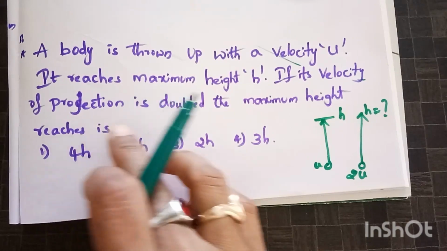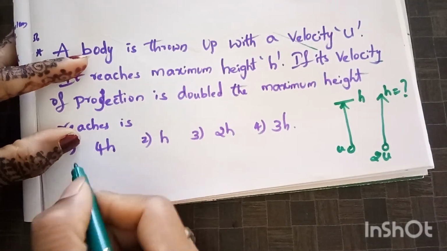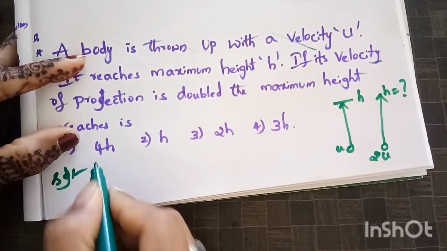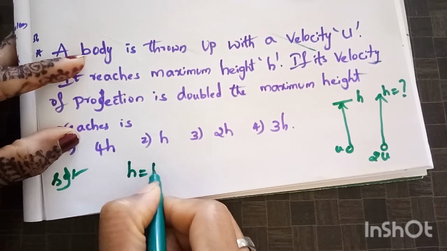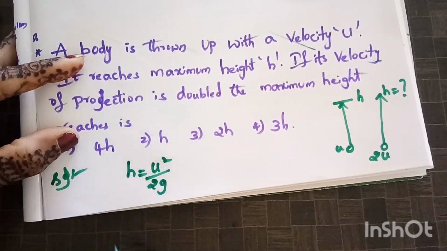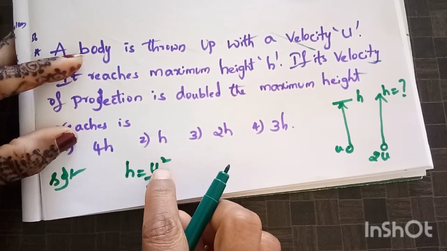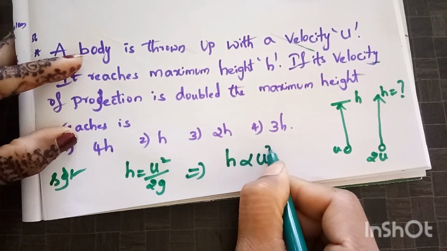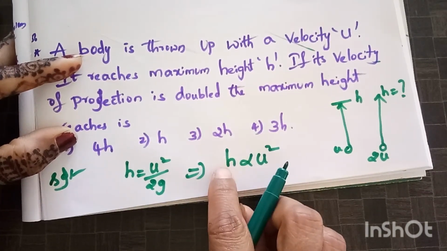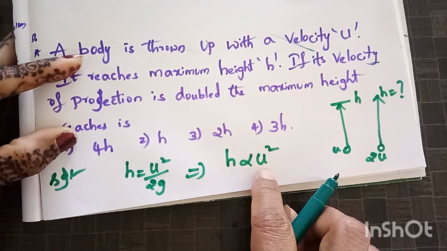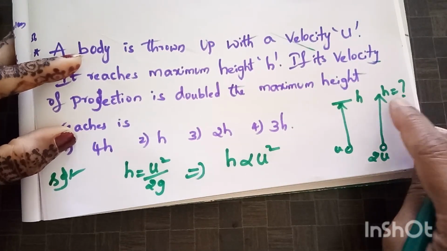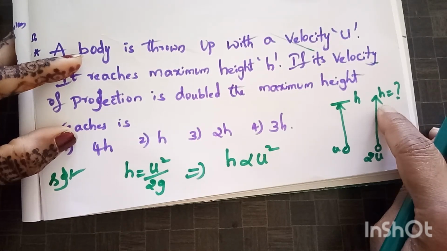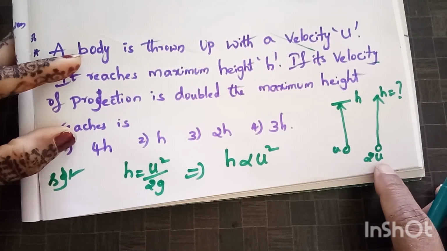As you all know, the maximum height formula is h equals u square by 2g. So here h is directly proportional to u square. With the help of this formula, we are going to find the maximum height when the velocity of projection is doubled.